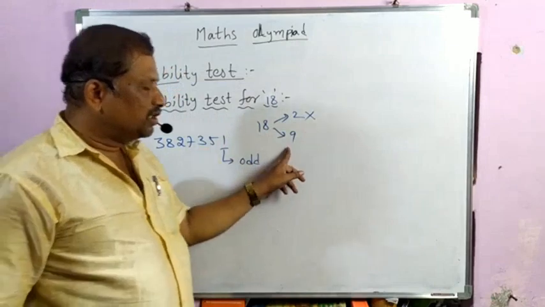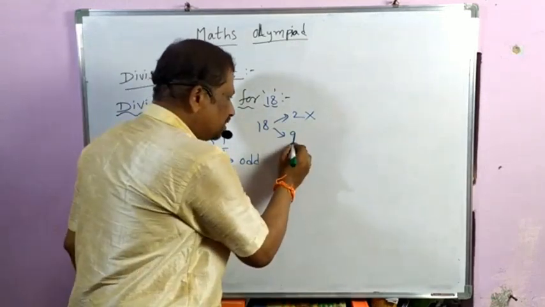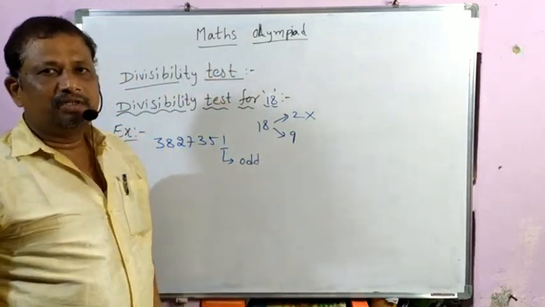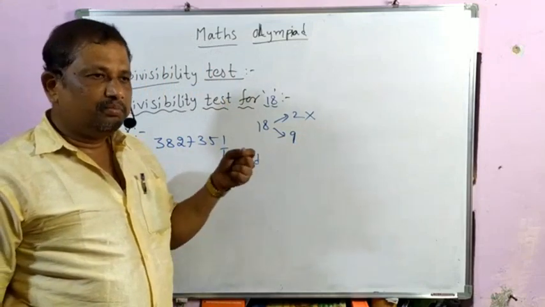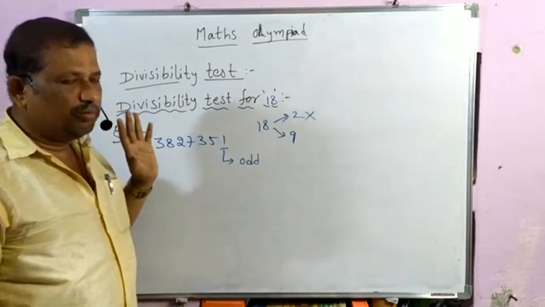Next, coming to the divisibility test for 9. What is the divisibility test for 9? Take the sum of the digits. If the sum obtained is divisible by 9, then the given number is divisible by 9.